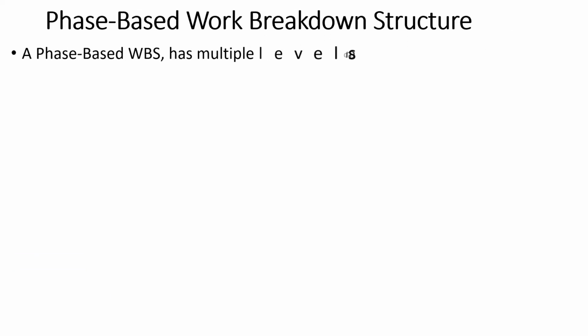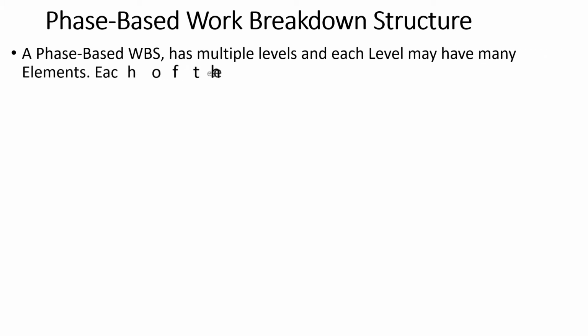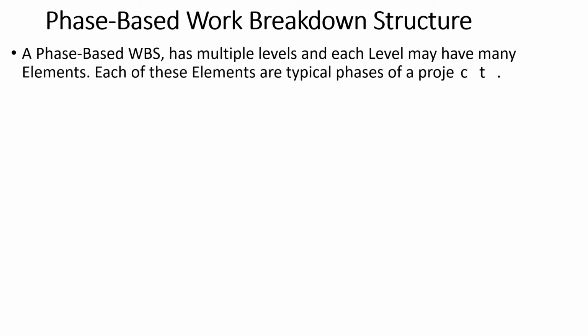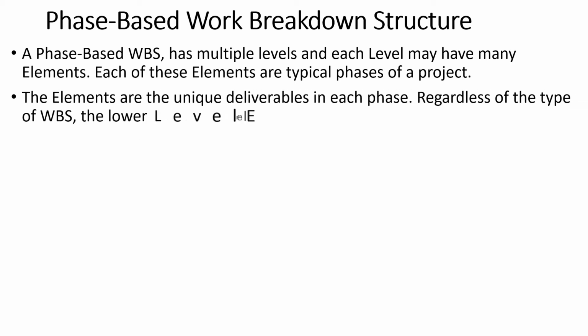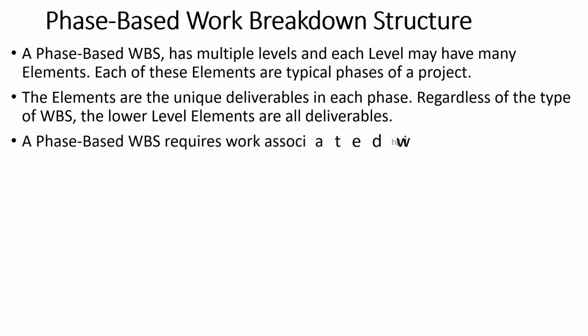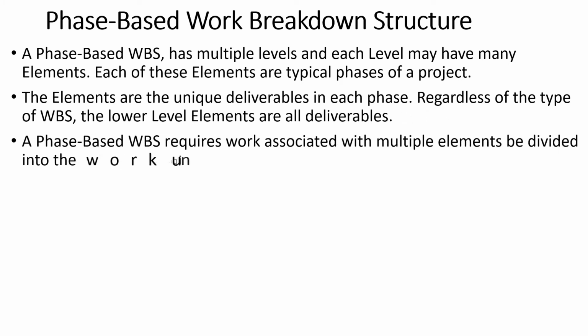Phase-based is where the activities or the smaller portions of the project are identified, broken down into unique actions, and then an output for each and every action is identified. So the project can be broken down into multiple phases.